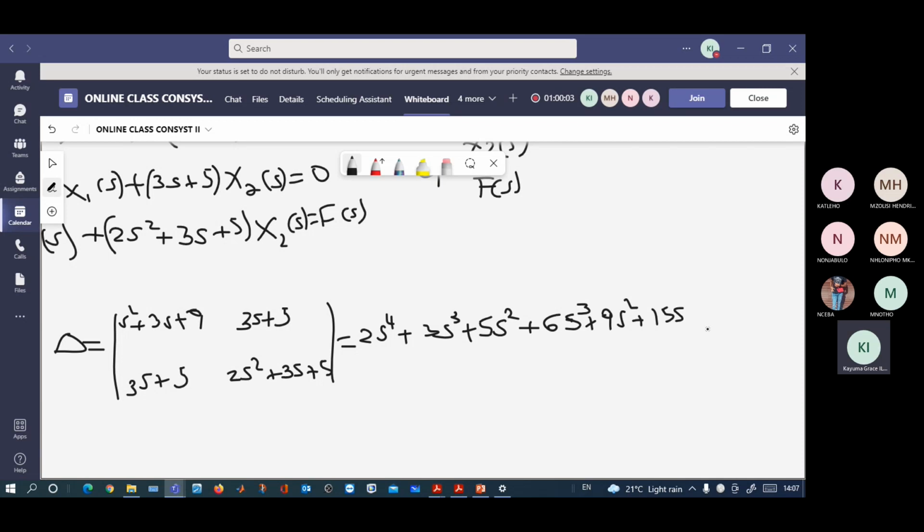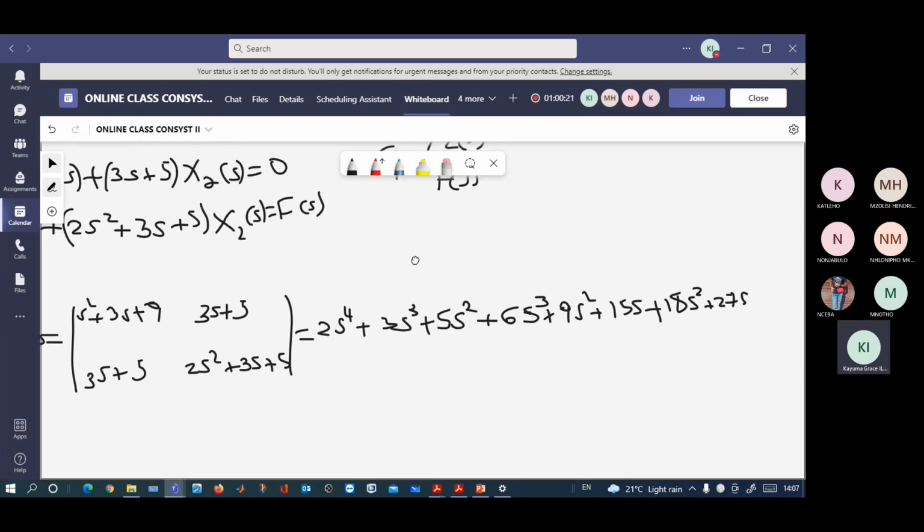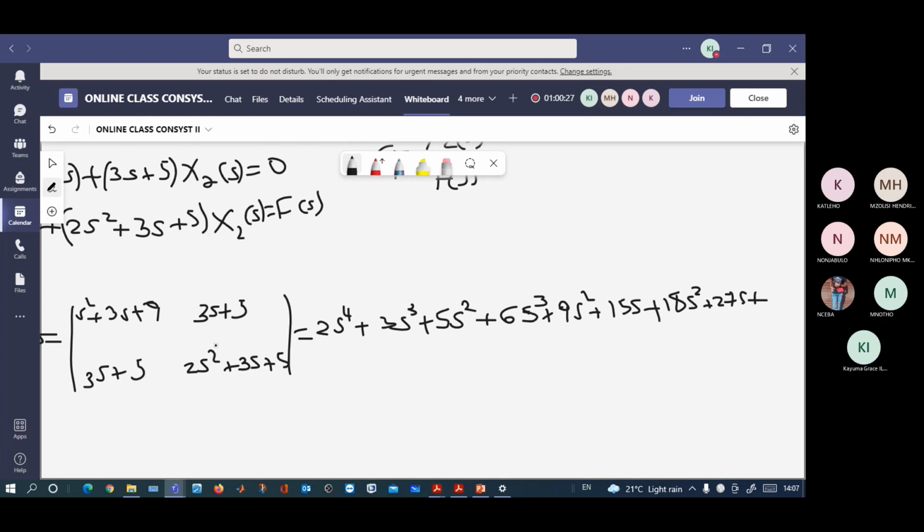Then 9 times 2s squared gives plus 18s squared, plus 27s, plus 45.